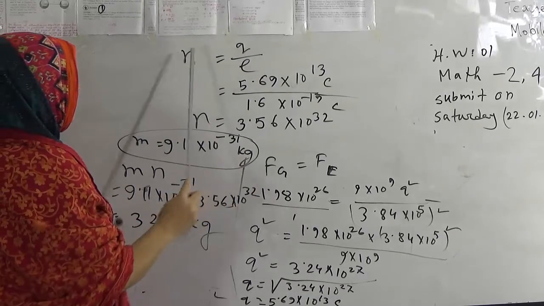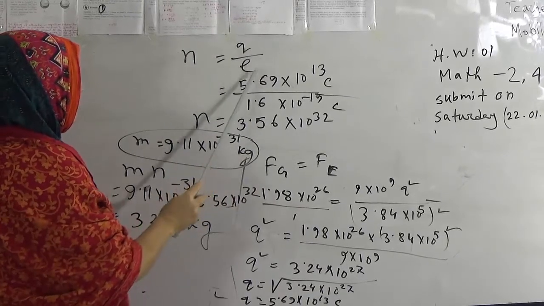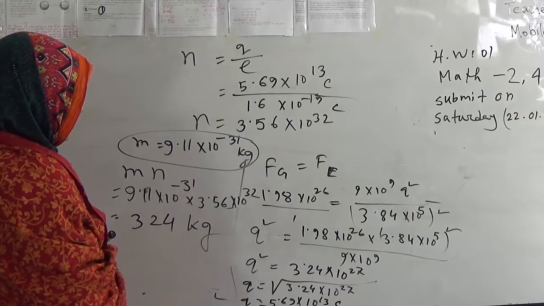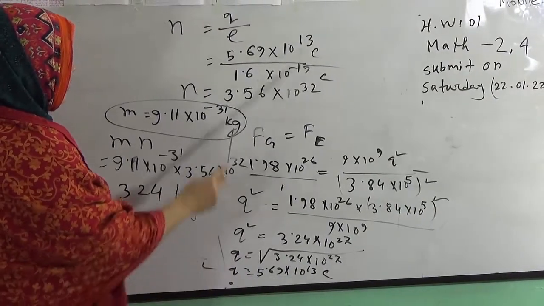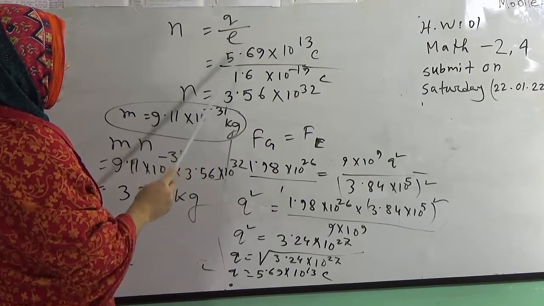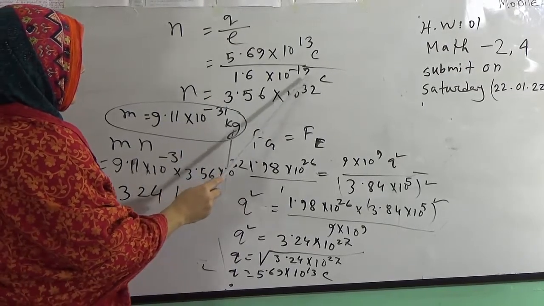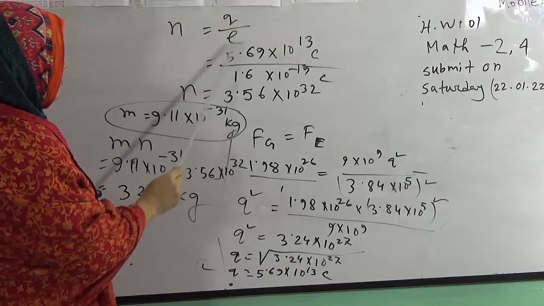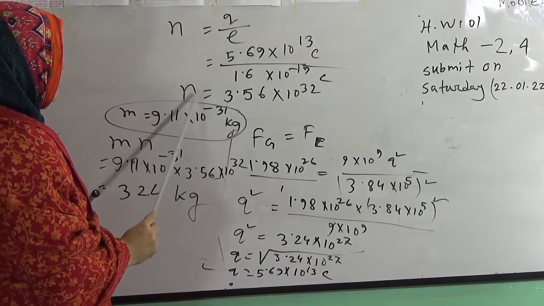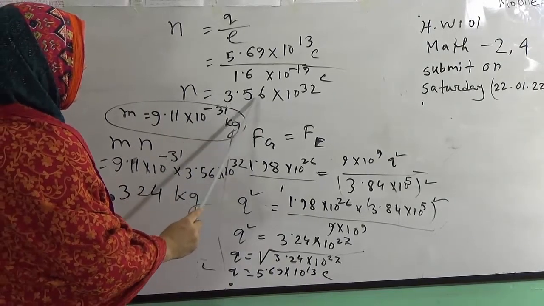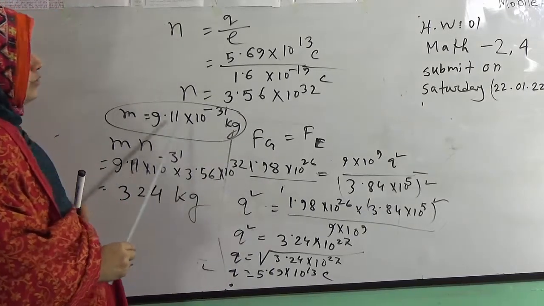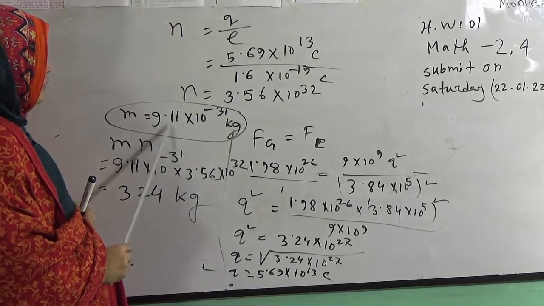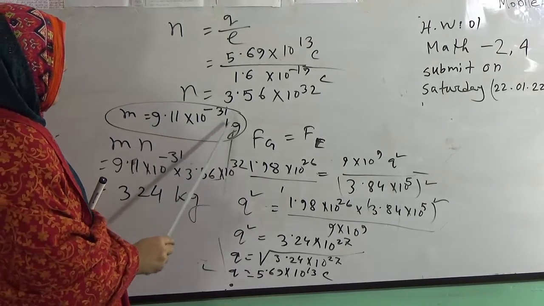My dear students, here you have to memorize this formula. N equals the number of electrons, N equals Q divided by E. Q is the charge that we got, 5.69 into 10 to the power 13 Coulomb, divided by the charge of the electron, 1.6 into 10 to the power minus 19 Coulomb. So from this calculation we find that the number of electrons will be 3.56 into 10 to the power 32, and the mass of the electron you have to memorize, 9.11 into 10 to the power minus 31 kg.